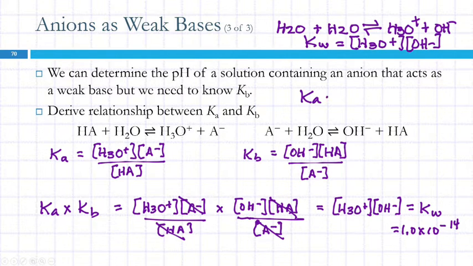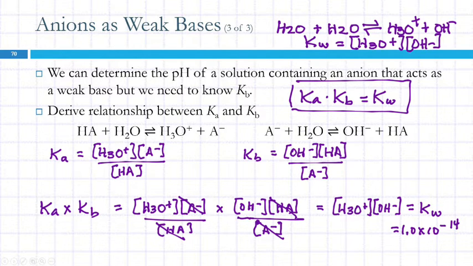That's the relationship. You don't have to know how to get there. So if we're looking at an anion from an acid, we're probably going to be given the Ka value, but we need the Kb value. So this is how we're going to find what Kb is. Ka times Kb is going to equal 10 to the minus 14.